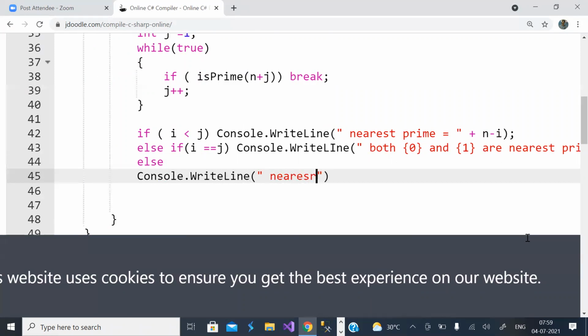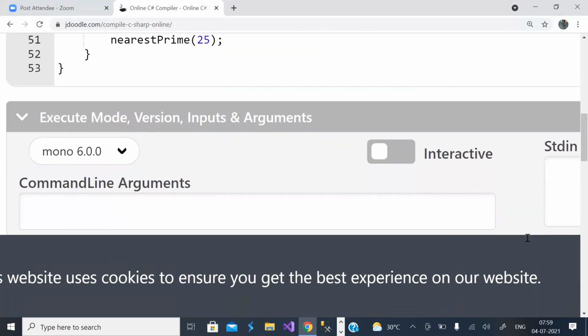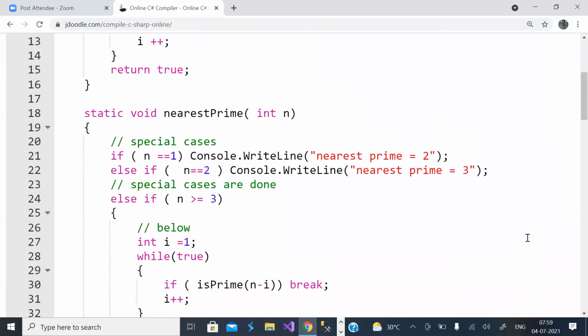Nearest prime is n plus j. Okay. That's all. So hope no mistakes.